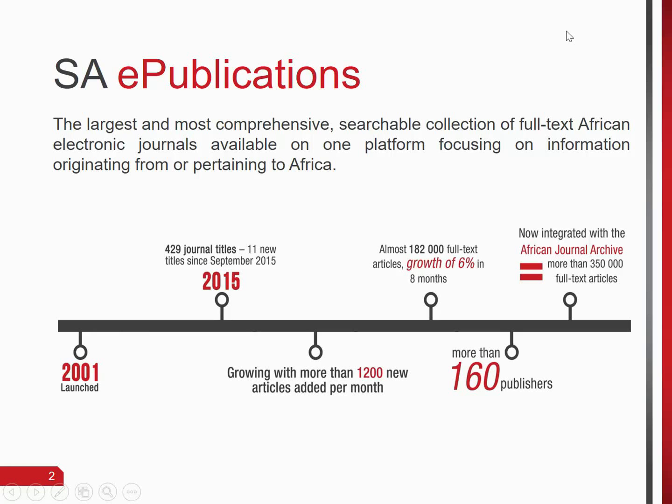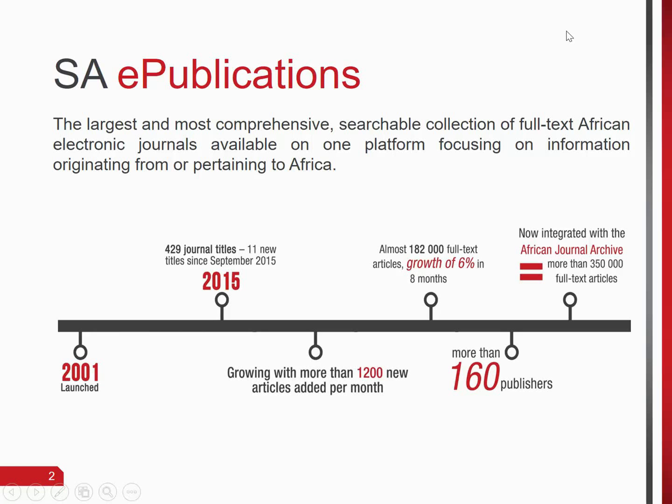We also have more than 160 publishers, so we're an aggregator of the journals. We don't publish anything ourselves. We're not a publisher, we're an aggregator. And also the African Journal Archive, which is a Carnegie-funded project, is now integrated on this new platform.